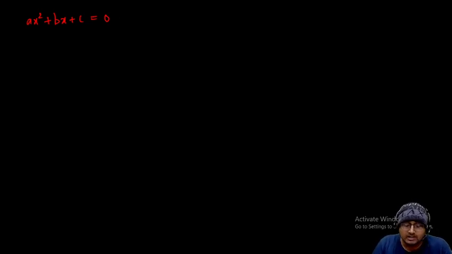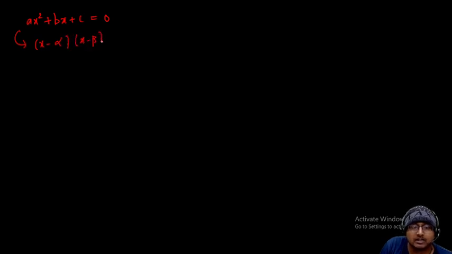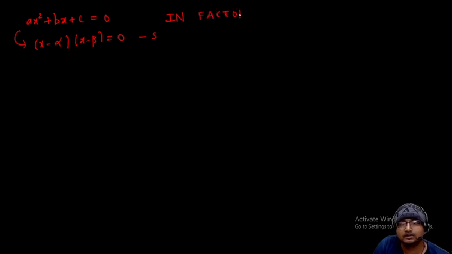Now in the factorization method, what will our new standard form be? This can be written as x minus alpha into x minus beta is equal to 0. It can be written like this or not. This is standard form 1 in the factorization method.